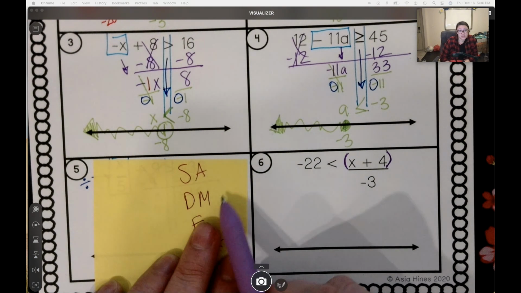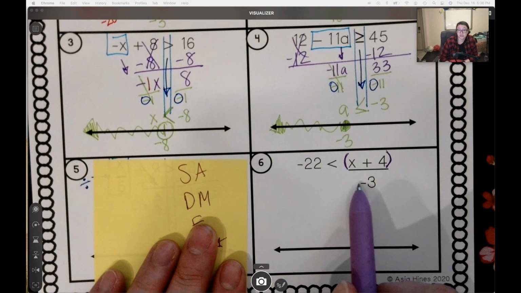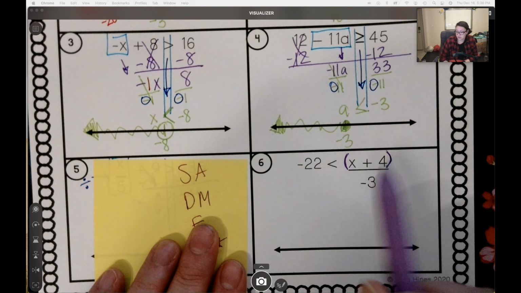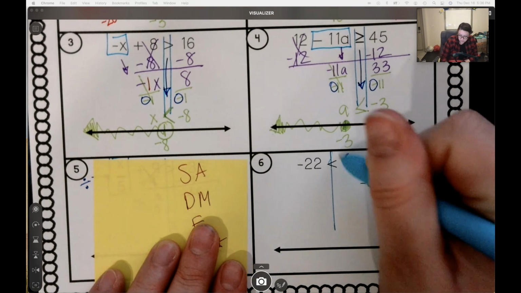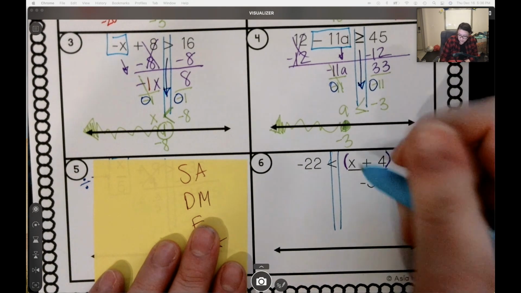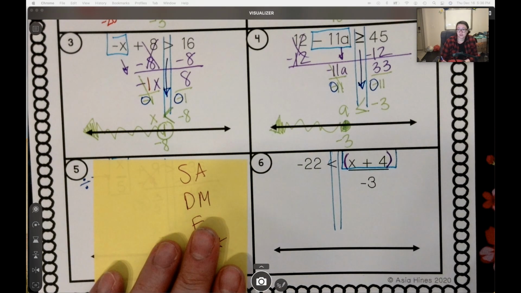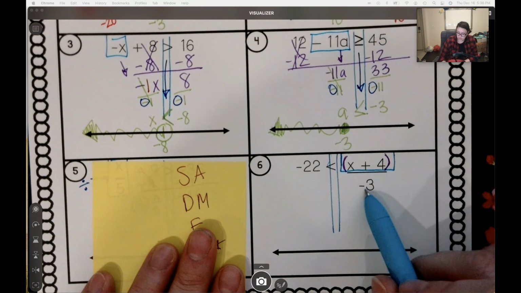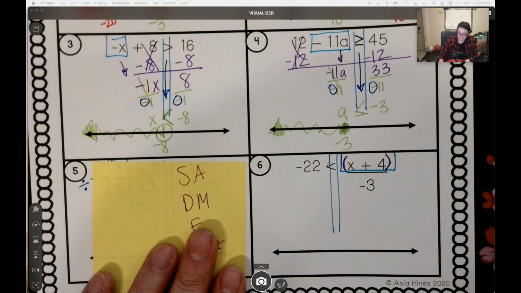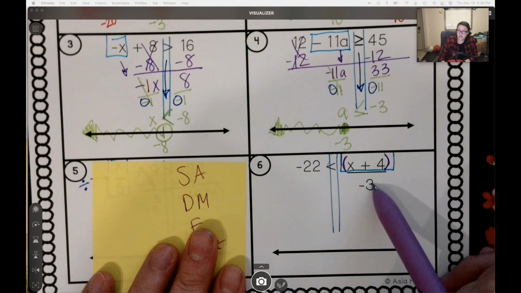In this problem, I need to start off with my division and multiplication. I have to get rid of that negative 3 first. So with that grouping, we want to box that special group on top, and we need to get rid of that negative 3. What operation is happening with that negative 3?